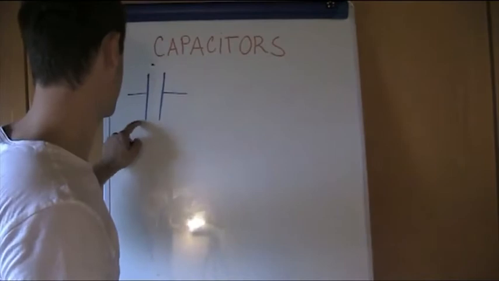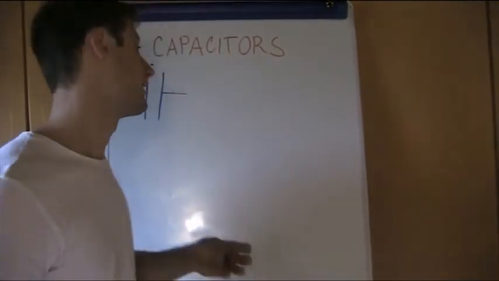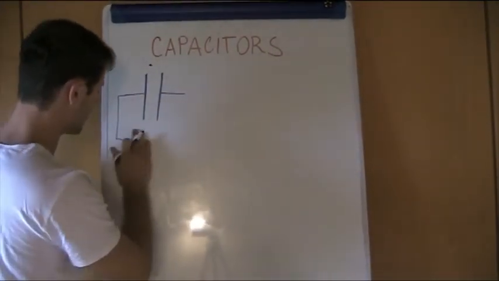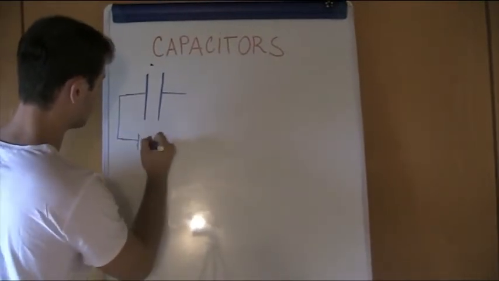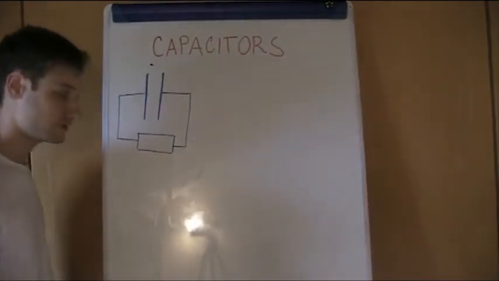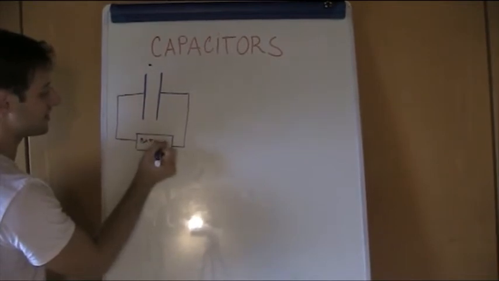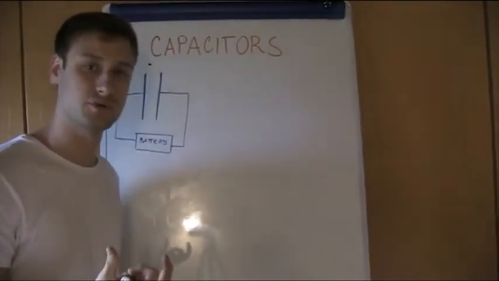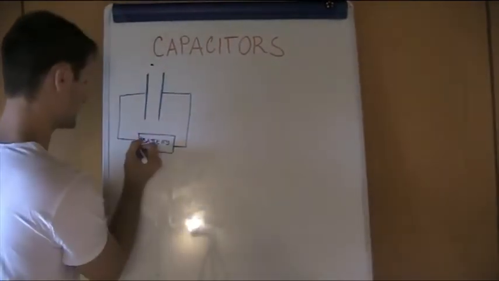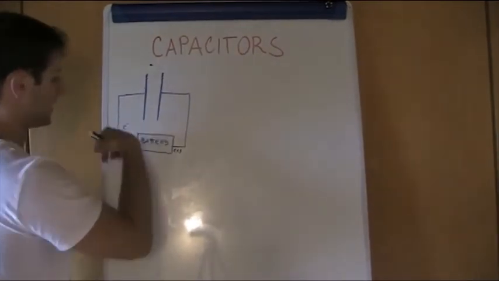For instance, these two plates could be a metal in general, and we have an external circuit here. What is happening is that in the moment in which we apply a certain potential difference, maybe by connecting our capacitor to a battery, which is able to provide a continuous electromotive force, this battery can ensure movement of electrons in the external circuit.